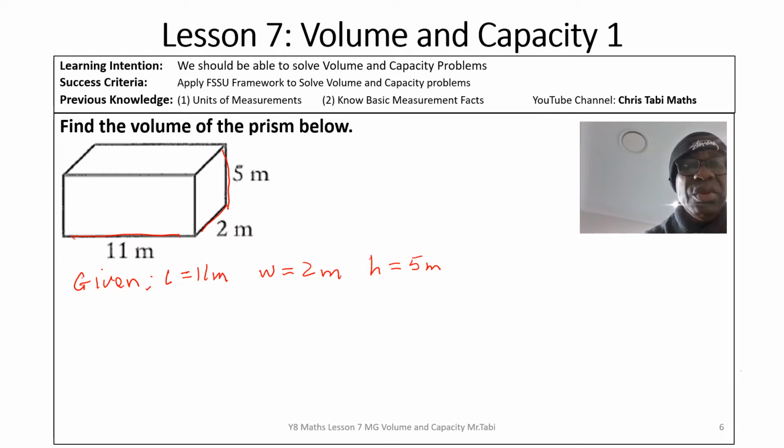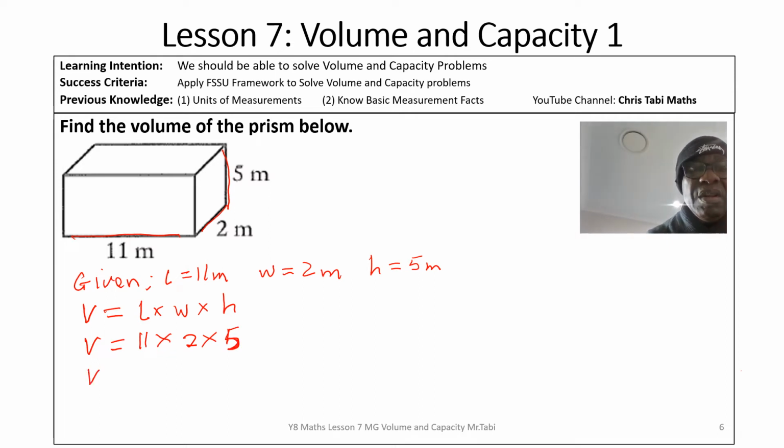So all that we need to do is to write our formula equal to L times W times H. And we do the substitution, which is going to be 11 times 2 times 5. Well, 2 times 5 is 10. 10 times 11 will be 110.